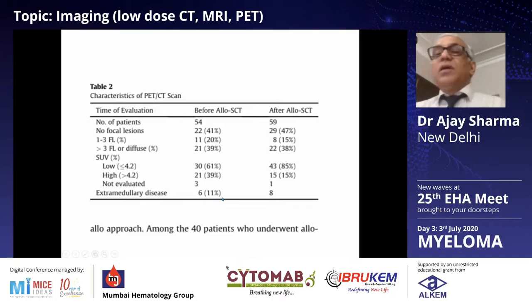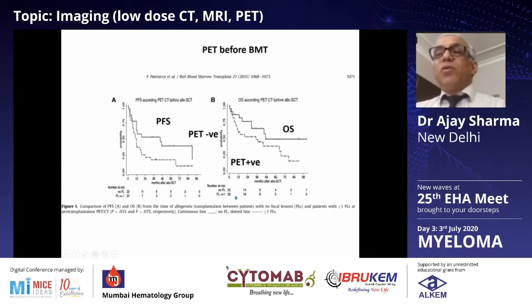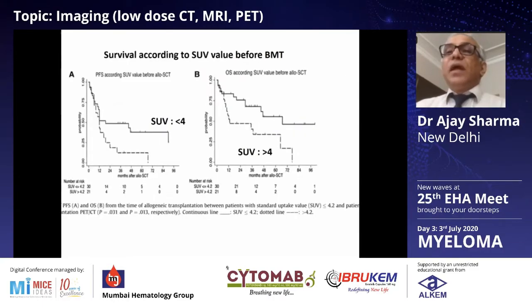The positivity or the negativity of the PET showed that the impact on the progression-free survival and overall survival was related to the PET behavior of the patient, and it had a direct effect on the outcome. And similarly, before transplant, if the SUV value was less than 4 as compared to more than 4, the survival rates are much better.